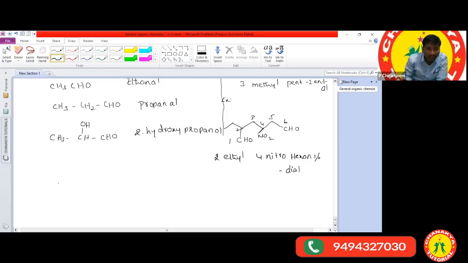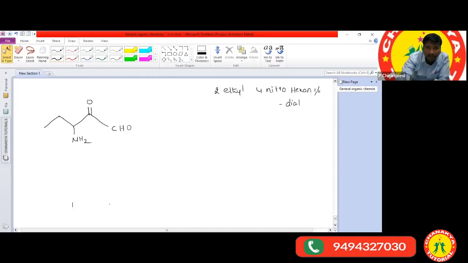Okay. And I'm going to write one structure based on this one, which I had seen in some previous paper. Madhusudan, this question is for you. Total how many functional groups are there in the given structure? The number of functional groups present in the given structure.